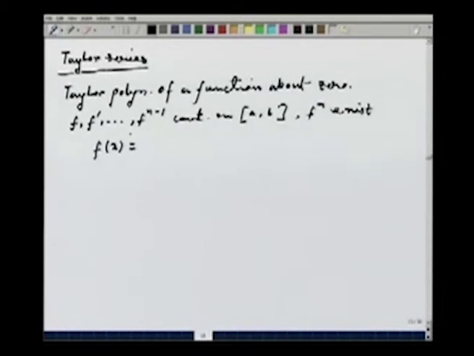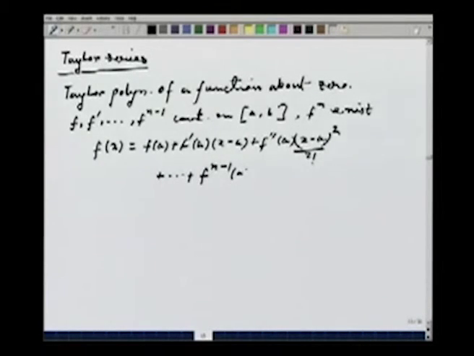equal to f(a) plus f prime(a) into (x minus a), plus f double prime(a) (x minus a) whole square by factorial 2, and so on, plus f^(n-1)(a) (x minus a) to the power n minus 1 by (n minus 1) factorial, plus the last term, that is f^(n).